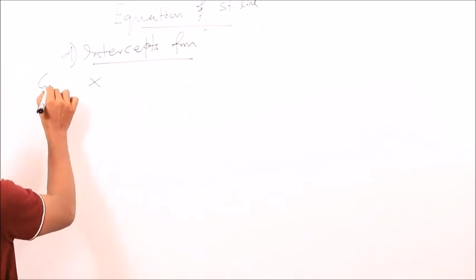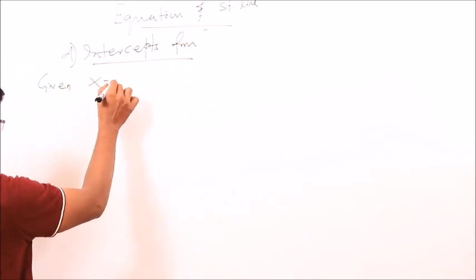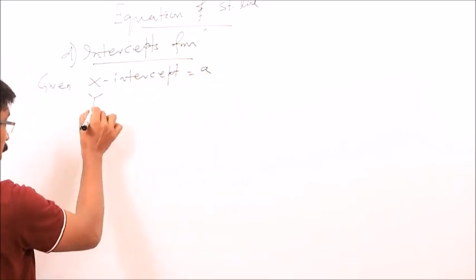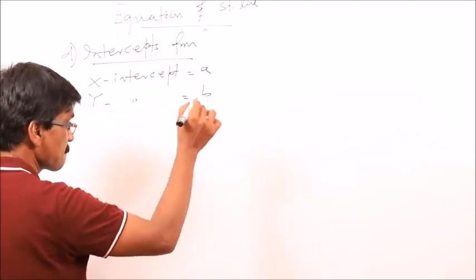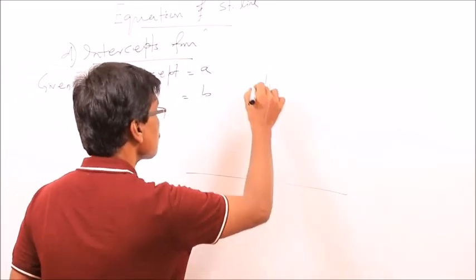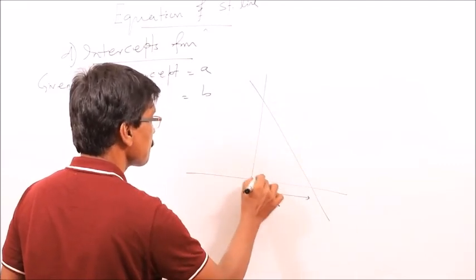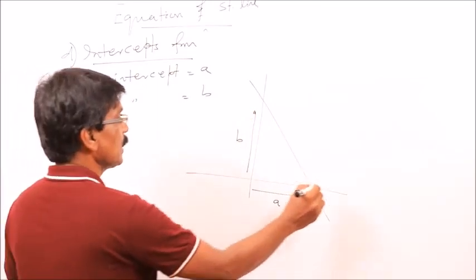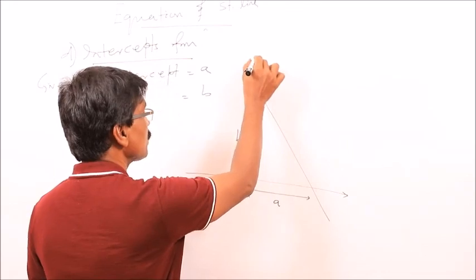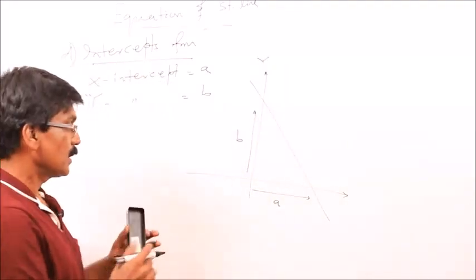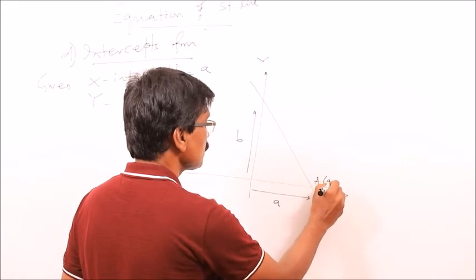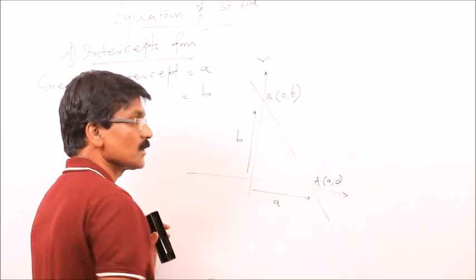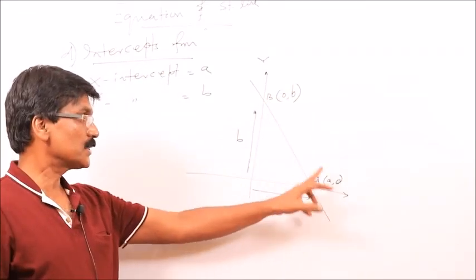Suppose we are given x intercept is equal to a and y intercept is equal to b. Suppose x and y intercepts are a and b. Obviously, the intercepts are measured from origin. So a point on x axis is a 0 and b point is coordinate 0 b. So here 2 points a 0 and 0 b are on the line.